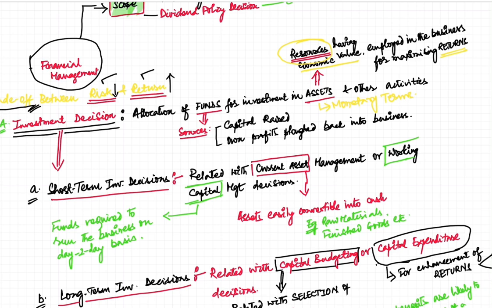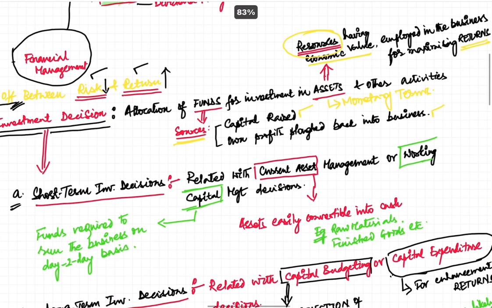What do you do in investment decisions? You talk about allocation of funds. Funds raised, what are the sources? The capital can be raised, or own profits are ploughed back into the business. Whatever profits you are generating, you are putting back into the business. That's what we call allocation of funds.